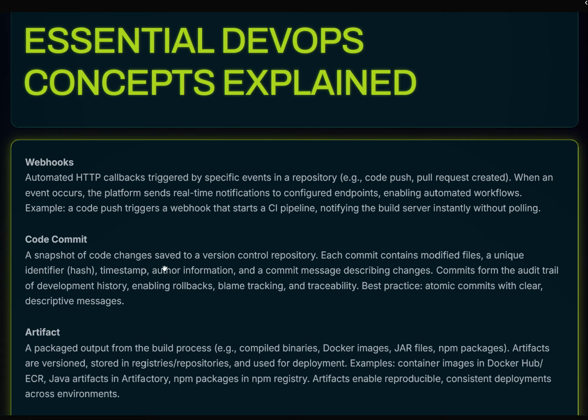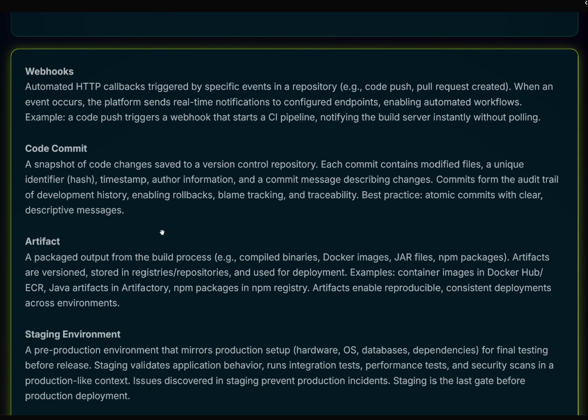So the second one is called a code commit, right? A code commit is a snapshot of code changes saved to a version control repository. So you possibly have done one of these, right? Adding a feature and you save it in version control, right? Each commit has modified files, a unique identifier, timestamp, author information, and a commit message describing the changes so you can identify them, right?